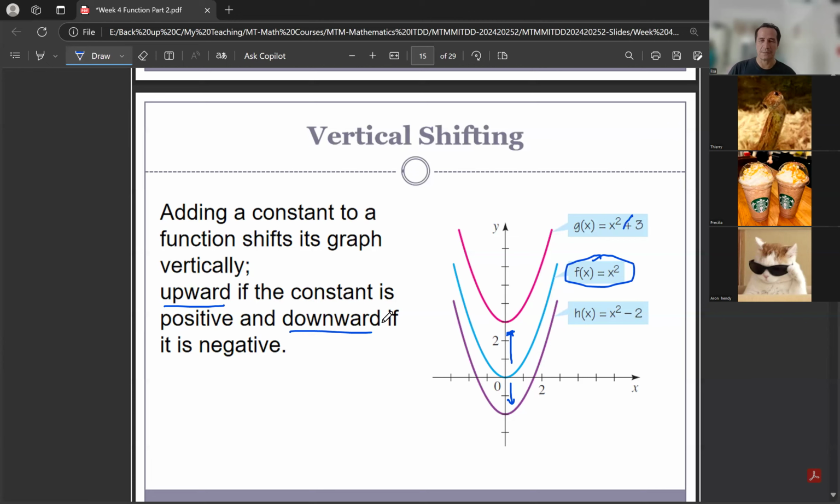Upward means we have a positive constant, and downward means we have a negative constant. This is how to shift vertically: just add to the function a minus or a plus constant.